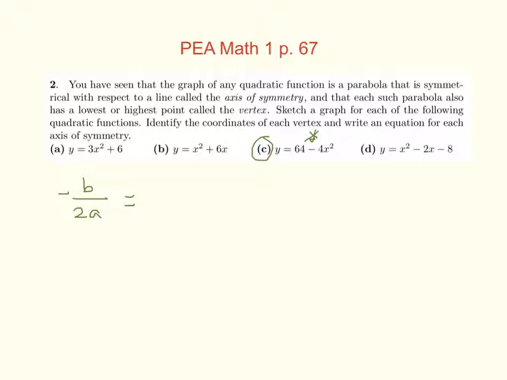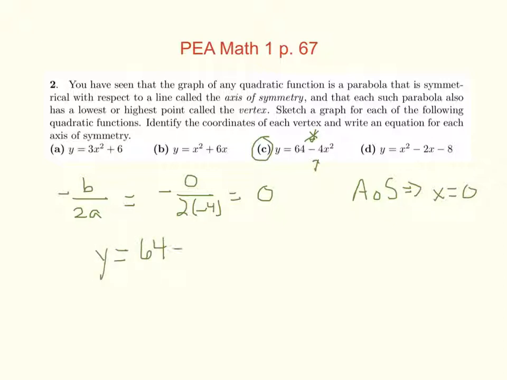So that would be -0 over 2 times, and realistically our a here is -4, but it doesn't really matter because 0 over anything is 0. So our axis of symmetry is x equals 0.